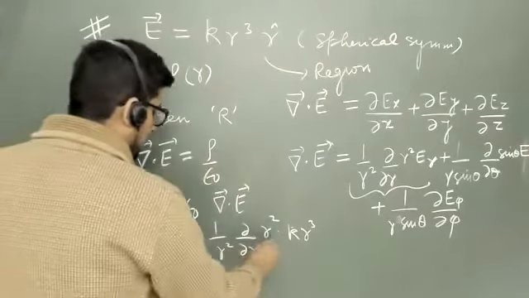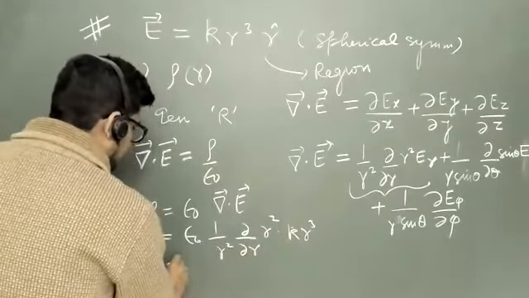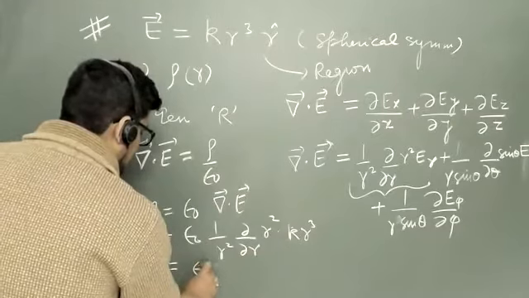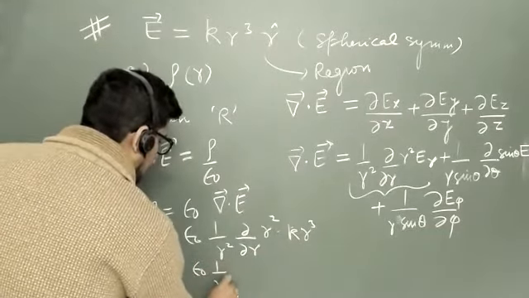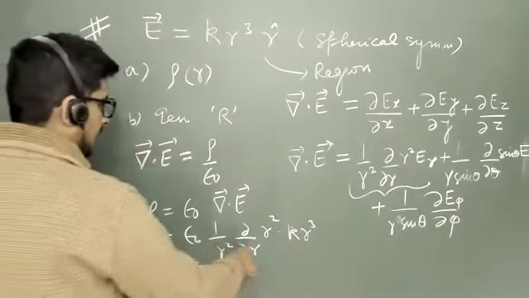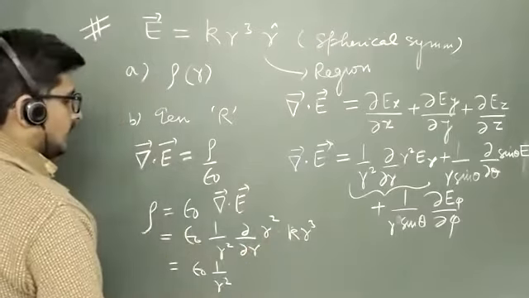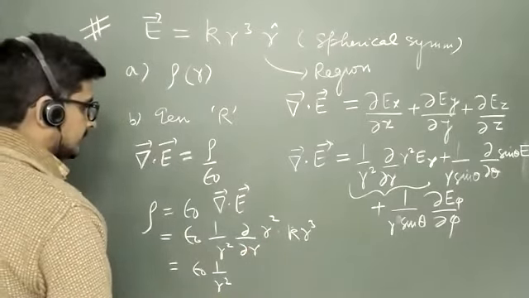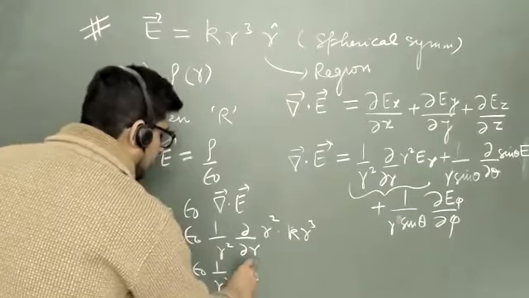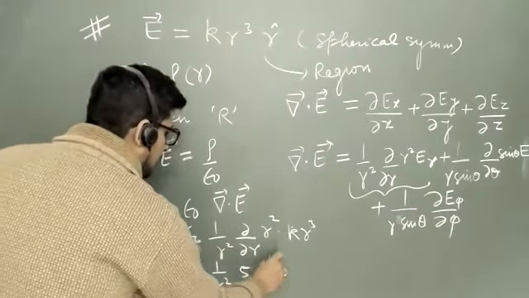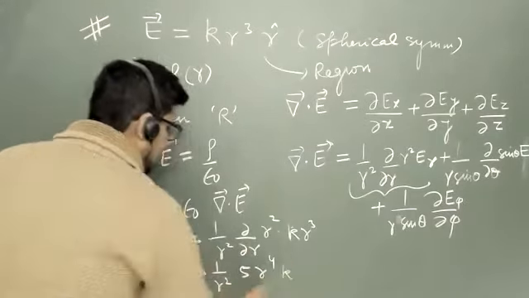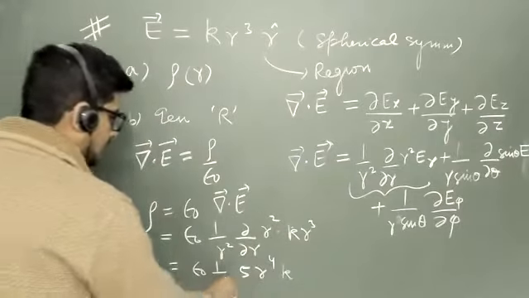So now it will become epsilon naught, 1 over R square, and it is R to the power 5. So it will become 5 R to the power 4 into K, right? And this will cancel.